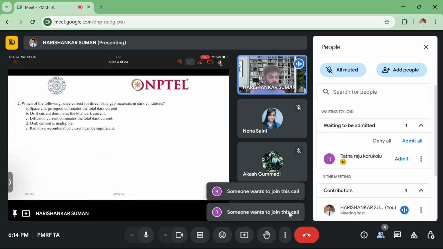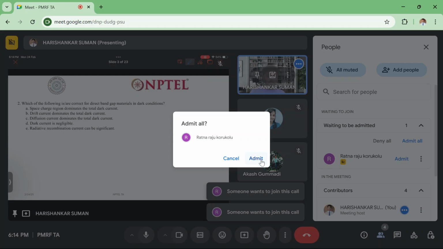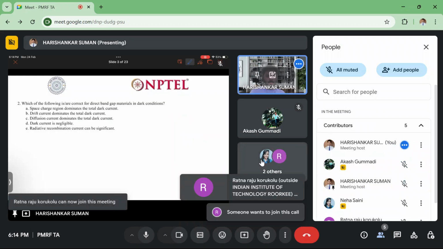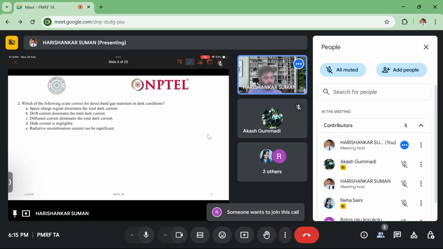So which of the following is correct? Yes, please answer. Which of the following is or are correct for direct band gap material in dark condition?